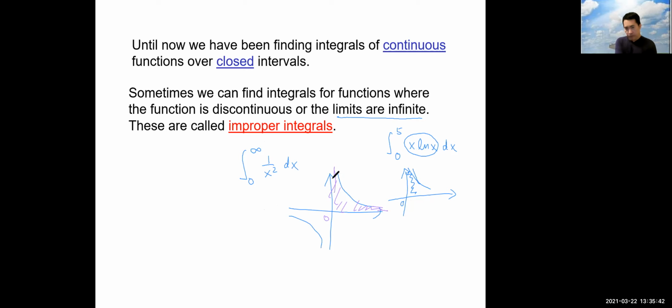Now when you look at this type of improper integral, there are two different types of answers. One is if this gap is big like this, then we ask whether the area here is finite. Well, if this area is too big, because it goes on and on, there's a possibility that this area is huge.